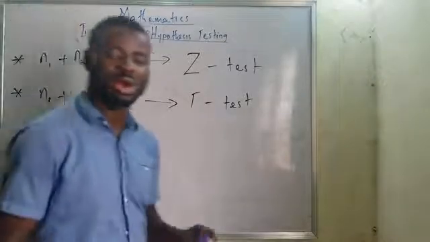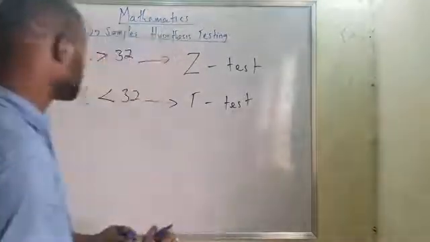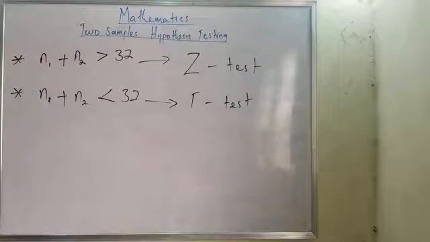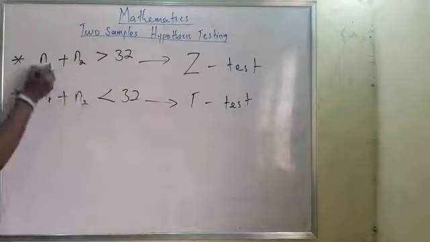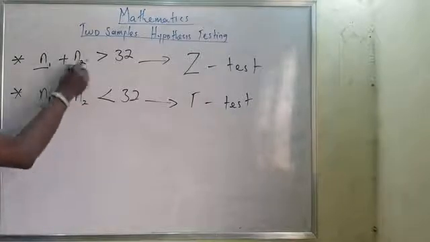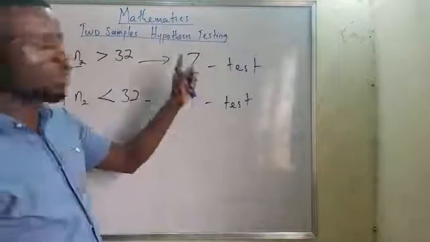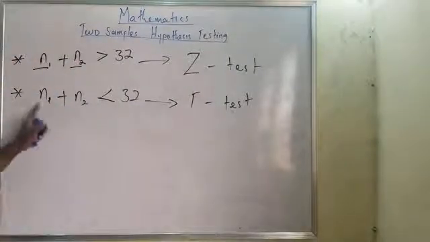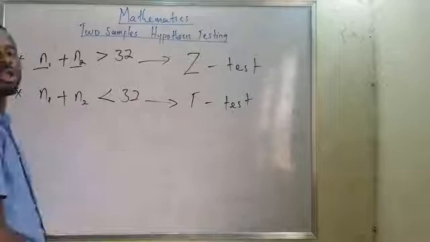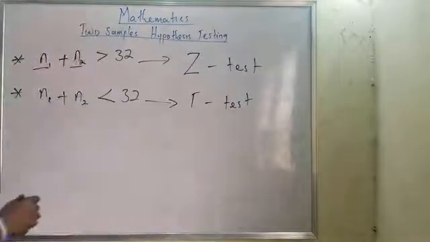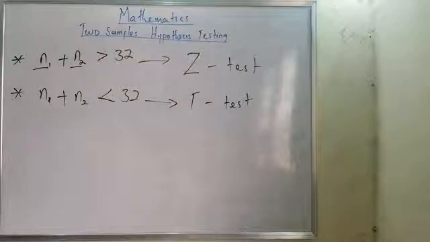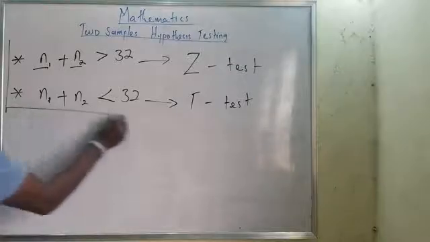Before you lay your hand on any question, look at the sample sizes given, add them together. If they are greater than 32, you are working on the Z-test, and if they are less than 32, you are working on the T-test. I said I'll be working on the Z-test, and that is the condition behind it. Please take note of this condition.